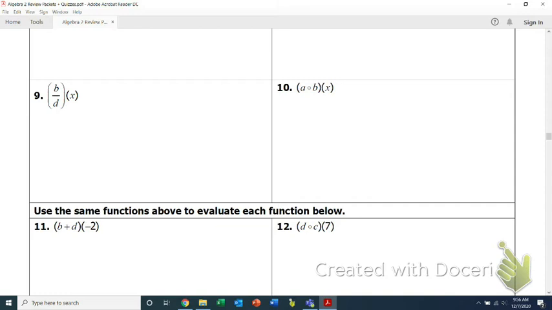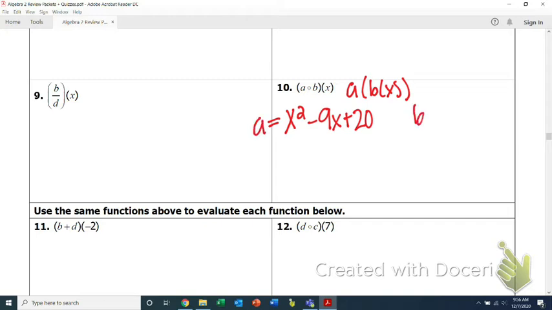Okay, so let's go on down to number 10. Number 10 tells us a of b of x. What you're going to do first is write out a: x squared minus 9x plus 20. Anytime you see the x, that is where you plug in your b. So this is a, and b equals 1 minus 5x. So we work backwards.